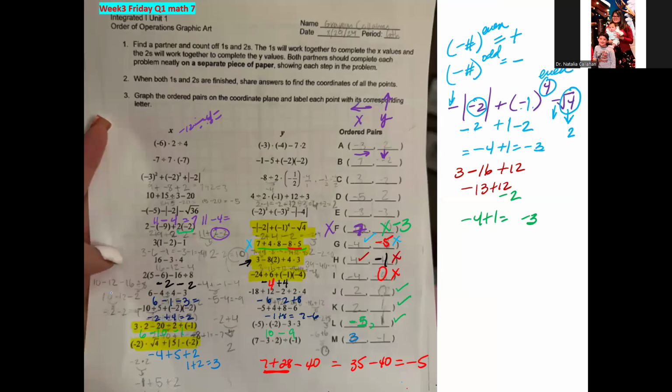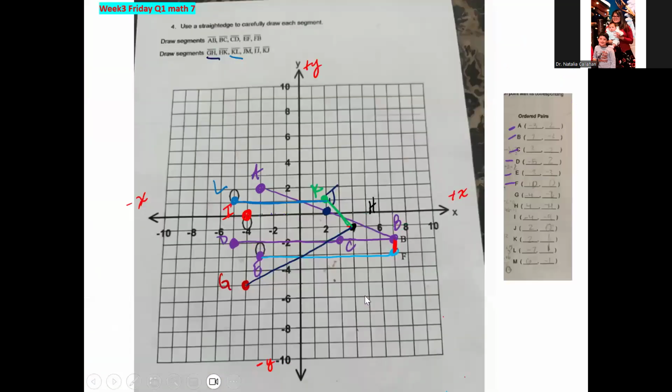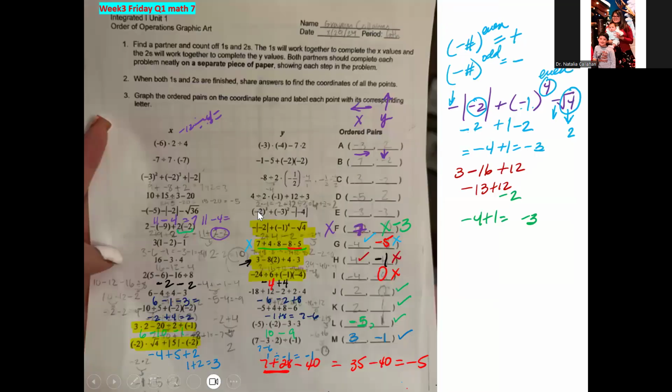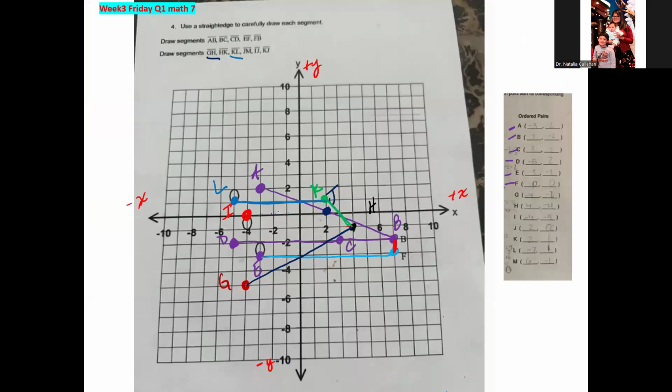I think you're just making small mistakes. +3. Good. 3 is good. And you got the second one right. The Y value is right. So for M, it's 3, -1. So that's going to be M.